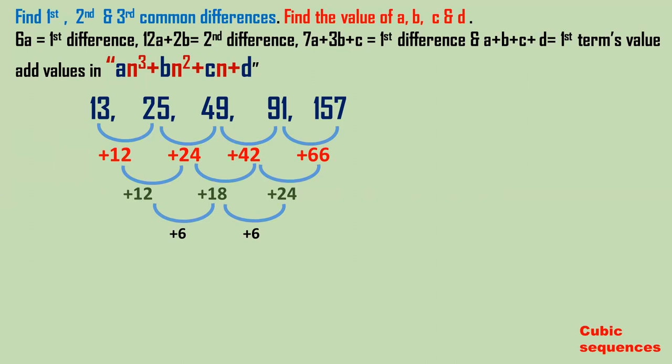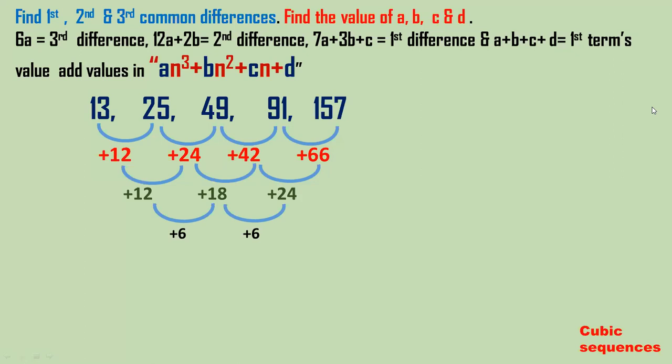So in this formula, we can see, for example, 6a is equal to 6. This is going to be the third common difference. So in this way, 6a is equal to the third difference.